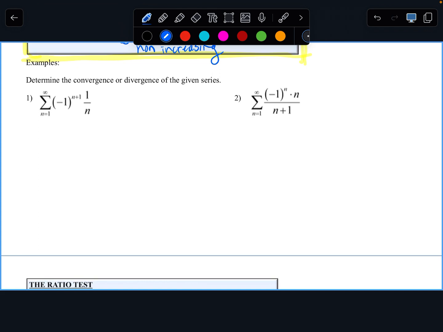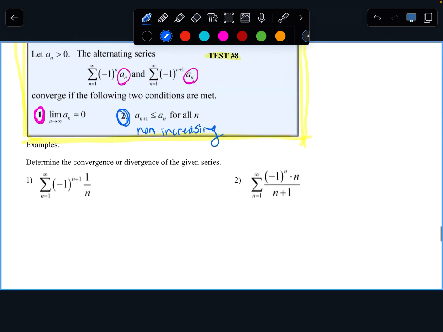Okay, so this first one, determine the convergence or divergence of the given series. The first thing you do is find the non -1 stuff. You just take that part out so you don't really focus on the -1 thing. You don't need to write this, but I'm noticing a sub n is 1 over n, the non -1 stuff.